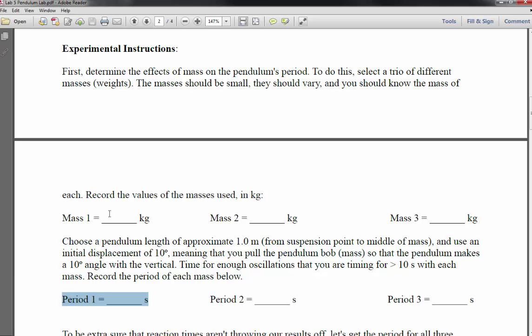So the math then is the same as what I just did in that example. Maybe you do 20 oscillations, you get 25 seconds or whatever, you get 1.25 seconds. That example, by the way, is probably not going to be correct for 1.0 meter and 300 grams and 10 degree angle. So you're going to have to do your own here.